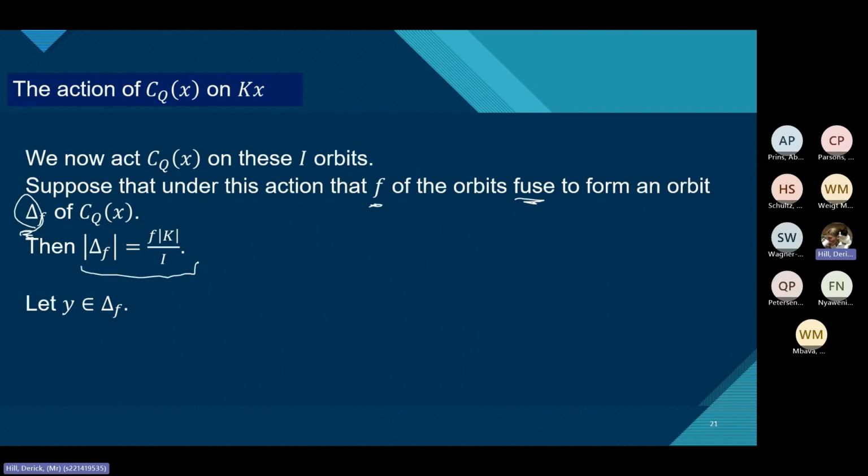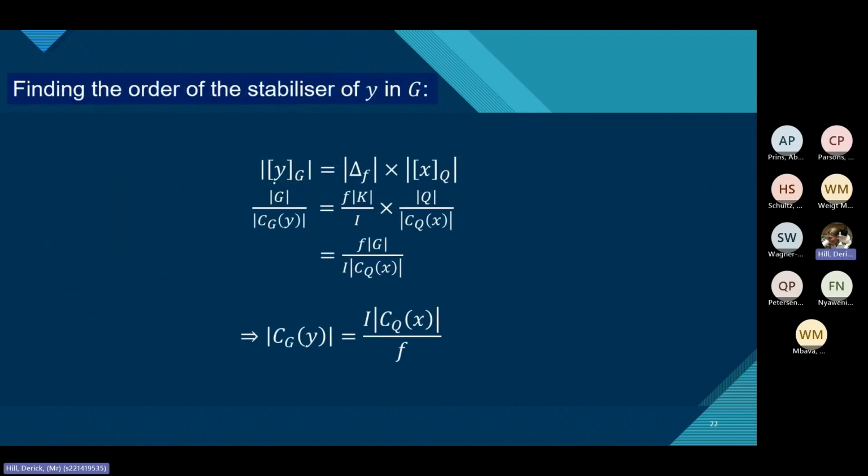Then from the previous slide, we can get this equation. Now we let y be an element of this orbit that we end up with. The size of the conjugacy class with representative y from that Δf is equal to the size of Δf times the size of the conjugacy class of x in Q, since the cosets are disjoint.